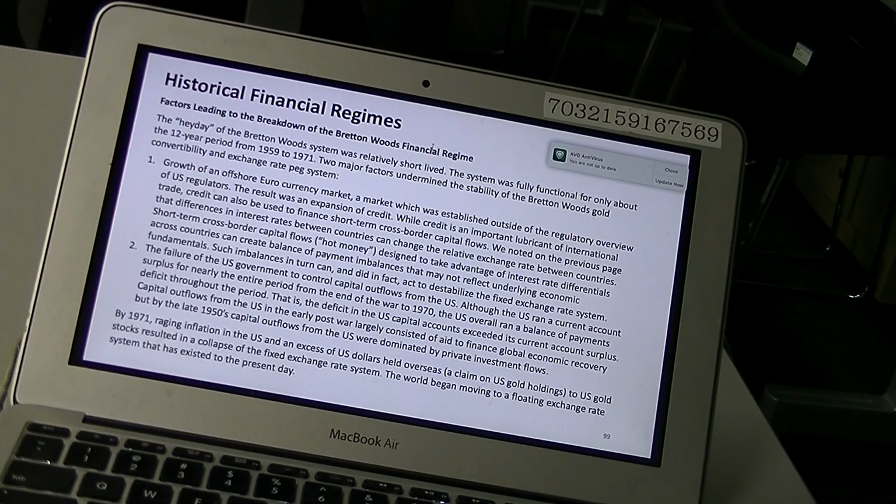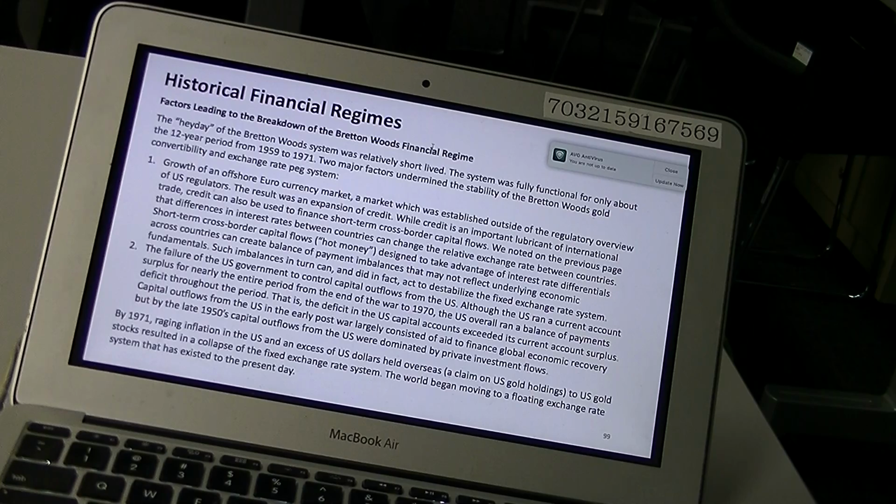And so what happened was that during the 1960s, there was the growth of an offshore Eurocurrency market. A market was established outside, and U.S. regulators couldn't control it.